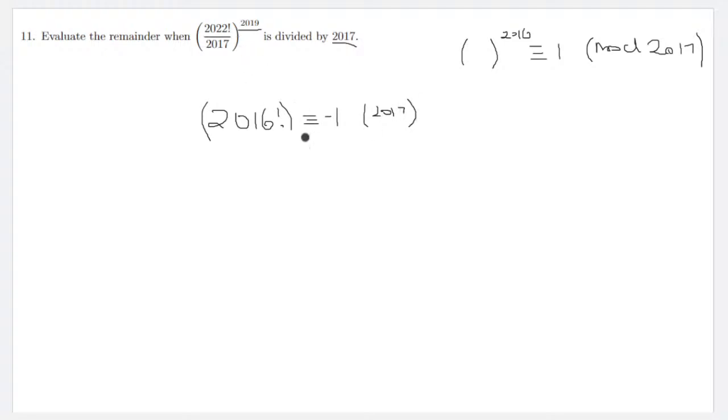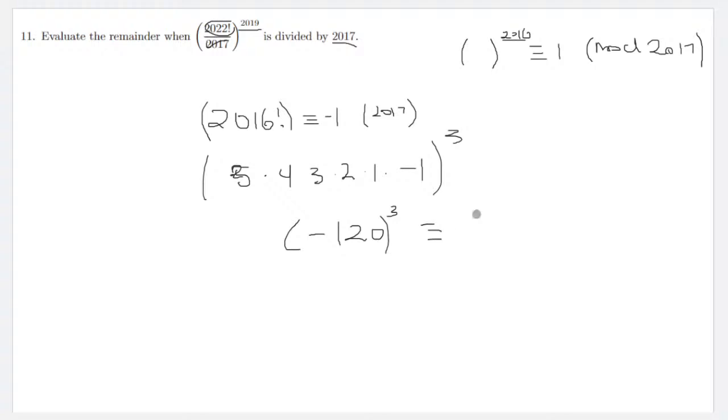So, with that in mind, the top part becomes, well, canceling the 2017 out, it becomes 2022, which is just 5, times 2021, 4, so on, 3, 2, 1, times -1 to the power of 3, right? Because we can get rid of that 2016 power in the top. So now it's just -120 to the power of 3, and you can plug this into the calculator, because this is a team round, and then find that this is equivalent to 569 mod 2017.